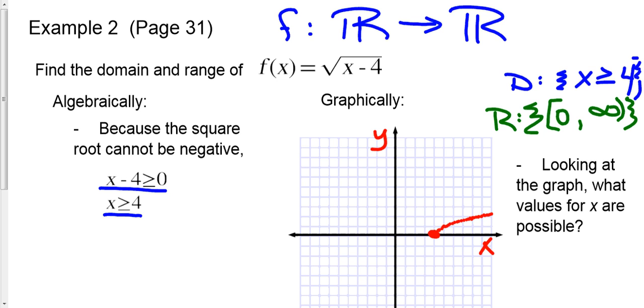Now, why am I doing the parenthesis around the infinity and not a bracket? We're saying this goes up to infinity, right? Infinity is infinity. Why not put a square bracket? Is infinity a number? No. It's an idea, right?